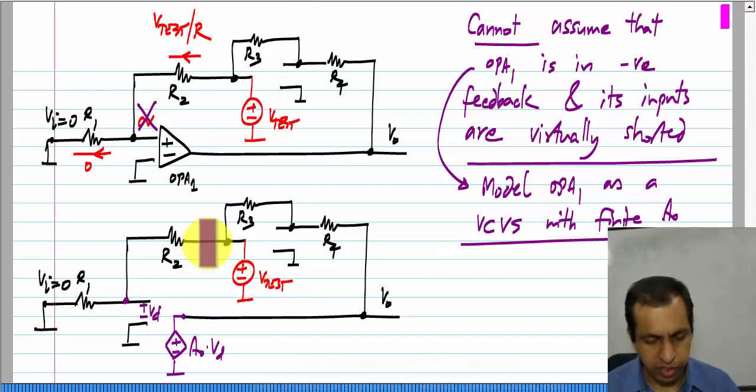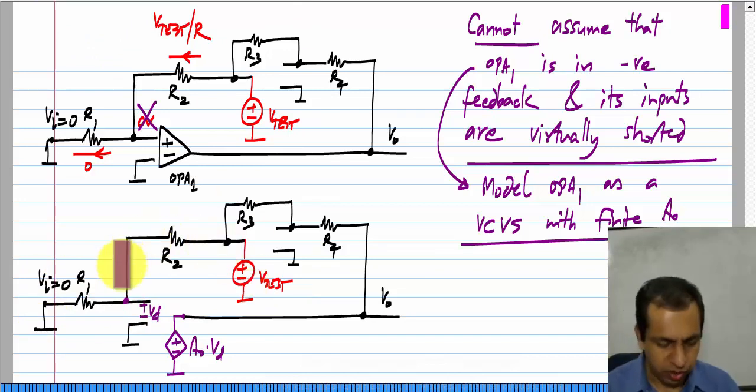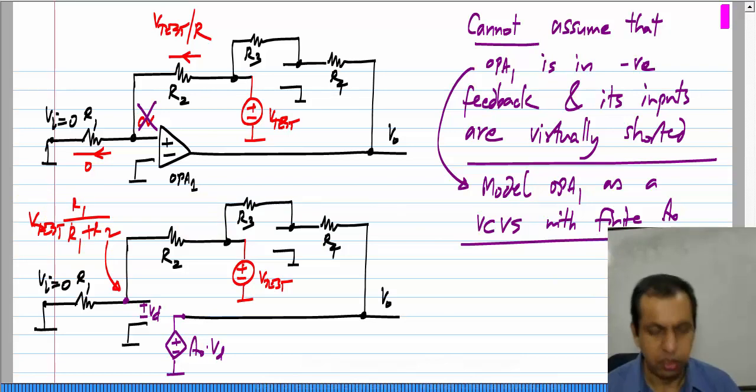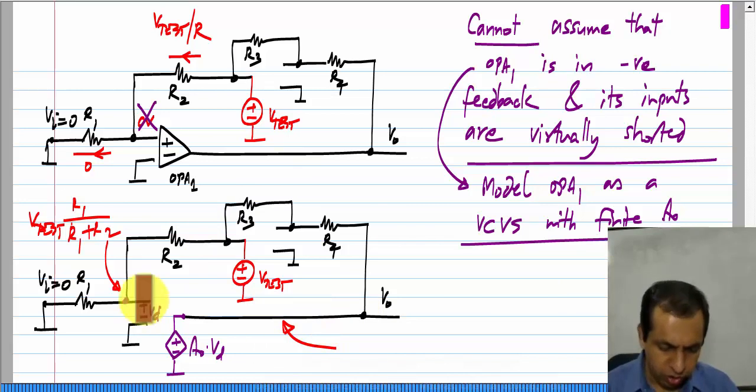So, now I apply V test here and I have a voltage divider R2 and R1. So, the voltage at this point is V test times R1 by R1 plus R2. So, the voltage here is whatever this Vd is times A naught.